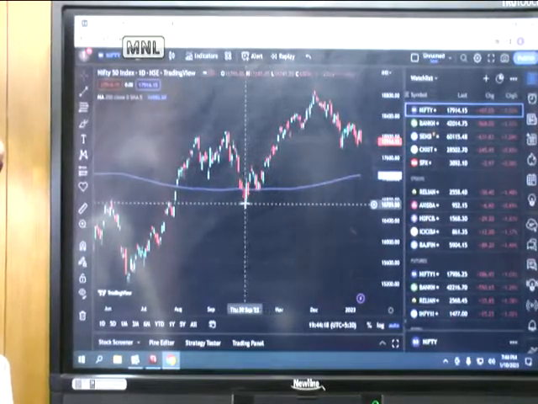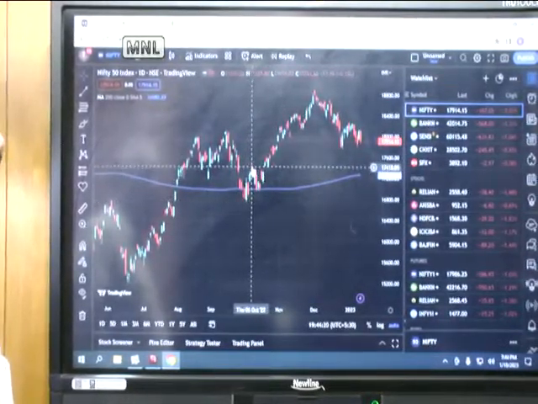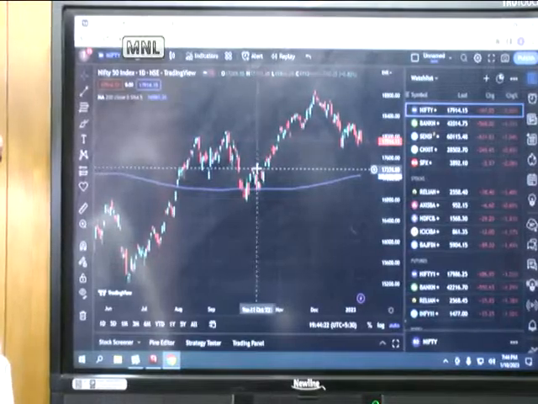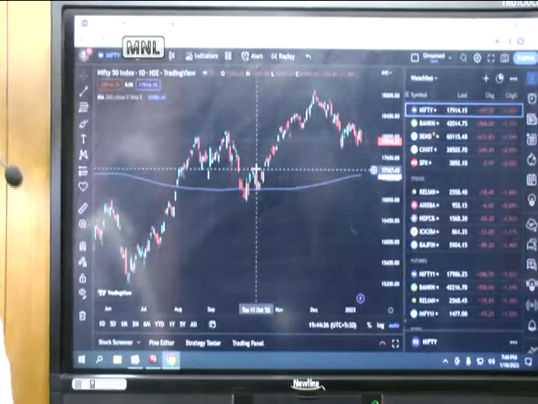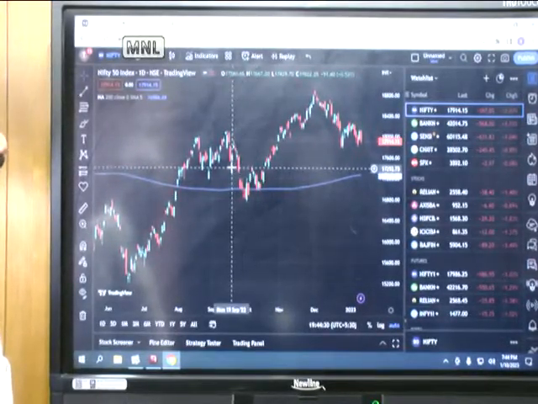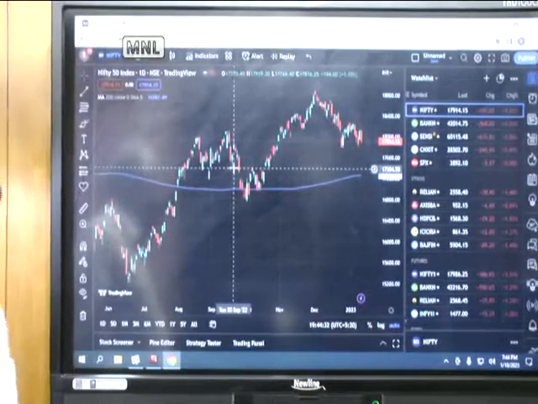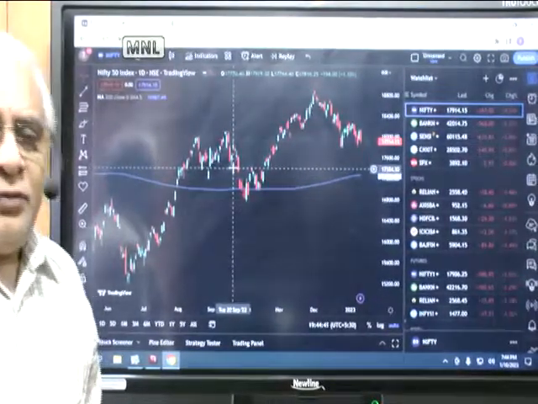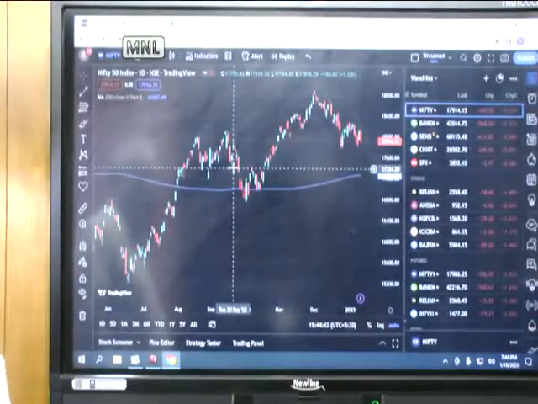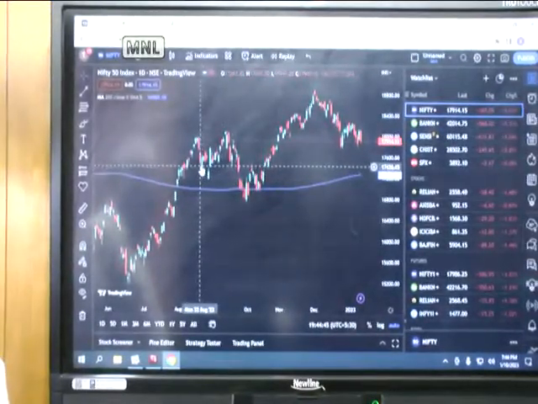See here this correction, 17,428 to 16,950, again that 500 points move, and here after a fall 17,429 to 919, again that 490 points. So somewhere this 490 to 500 points is where it is probably proving to be a trend change presently in Nifty.